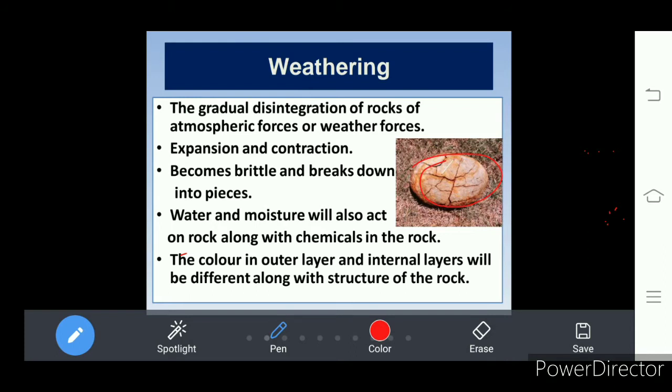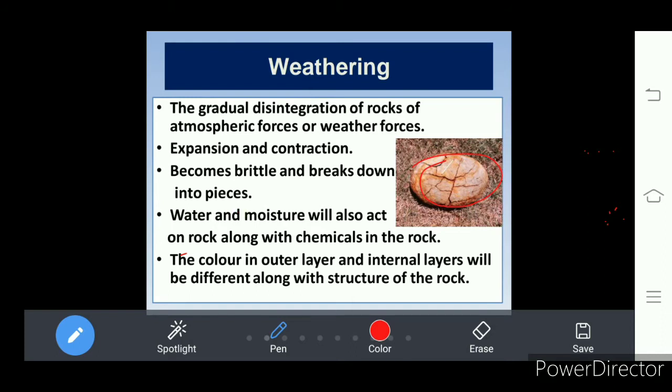Okay. And in that, the forces like wind and water work on that, and it gets what? Breaks. And gradually the broken pieces of the rocks are taken by the wind and water. So what is weathering here?